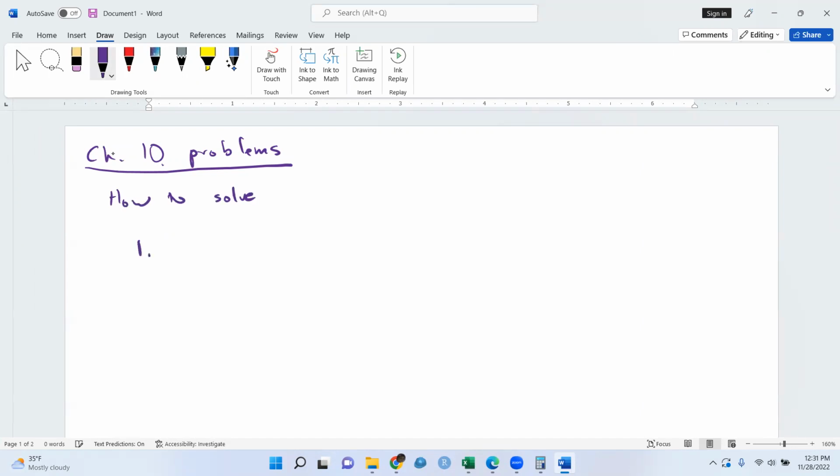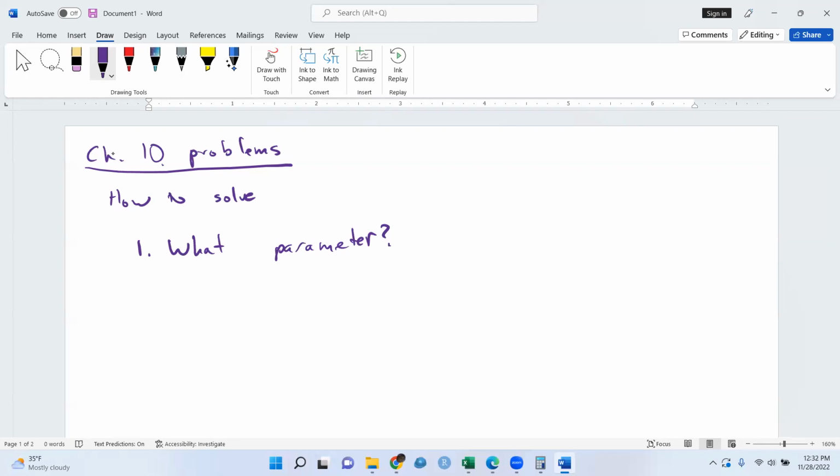The first thing you need to know is what parameter. To me, this is the most important question for any problem. What parameter are you working with? Because it determines all the other special sets of words and formulas and things that go with it.